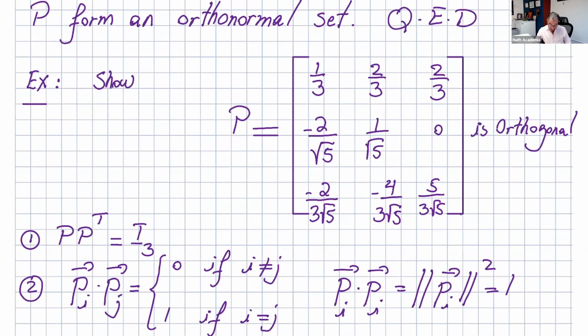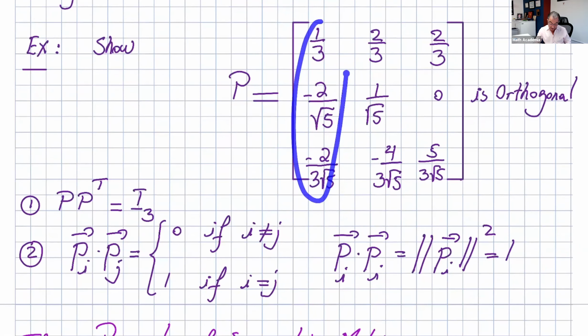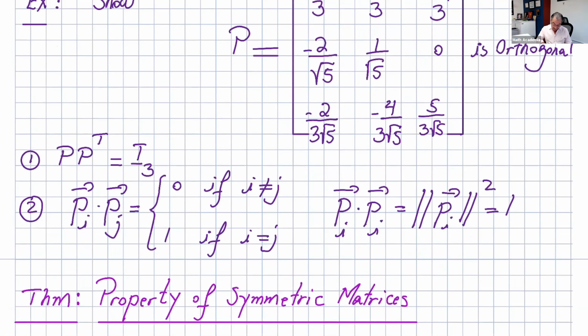If you take the dot product of P1 dot P2, you get 0. P1 dot P3 is going to give you 0, and P2 dot P3 is going to give you 0. Please try that on your own. And if you do P1 dot P1, you're going to get 1.